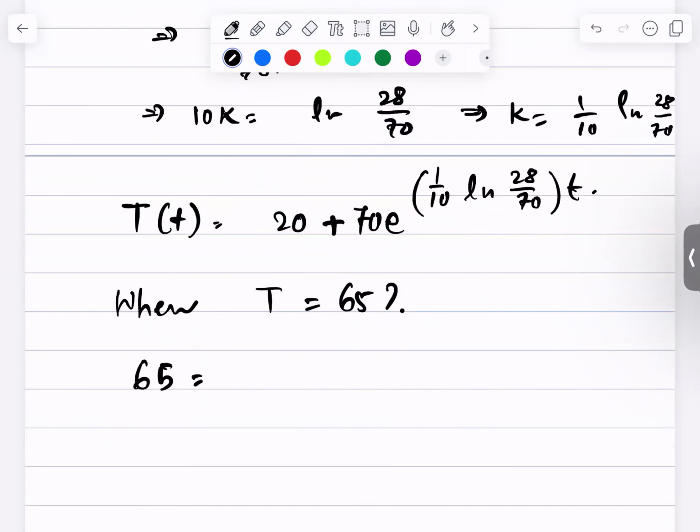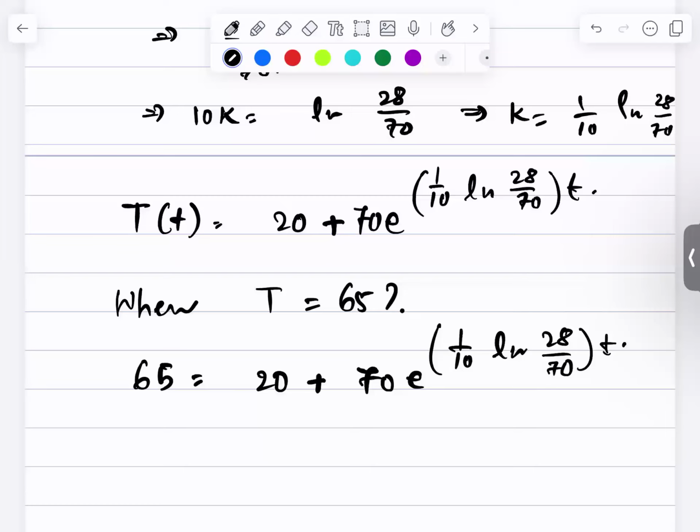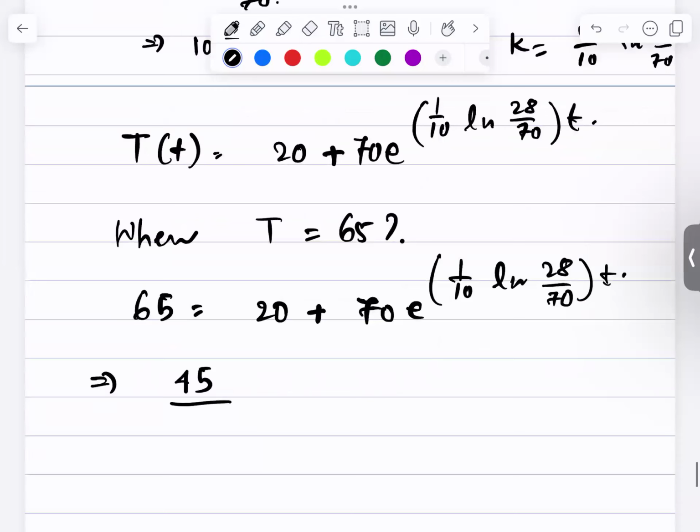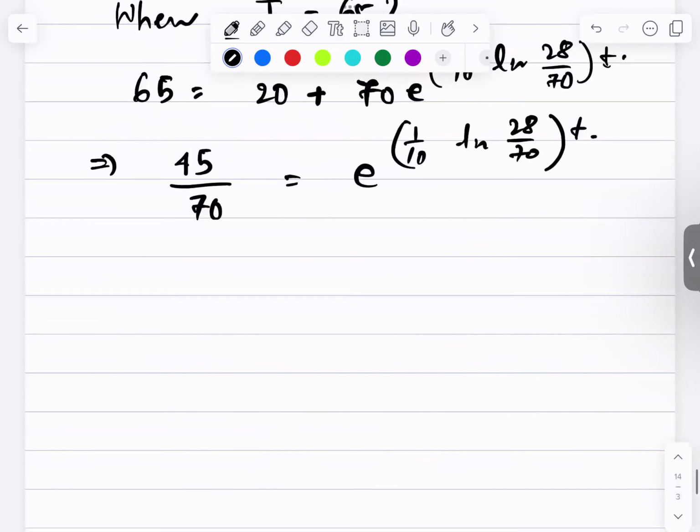So for that, I'll just replace capital T with 65, and then I'll try to find what my time should be. I have to find the small t from there. Okay, it's not too difficult. It will be 45 over 70 is the same as e to the 1 over 10 ln 28 over 70 times t. And the rest is basically algebraic manipulation.